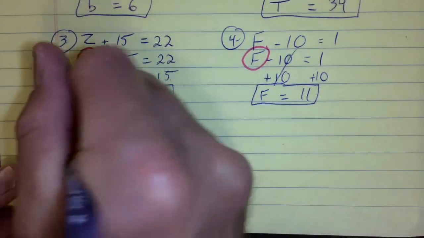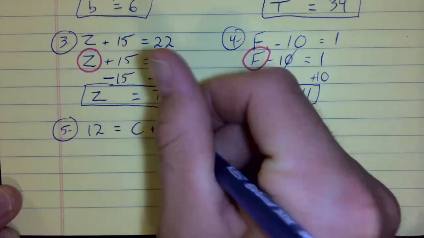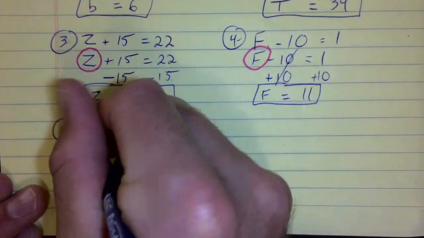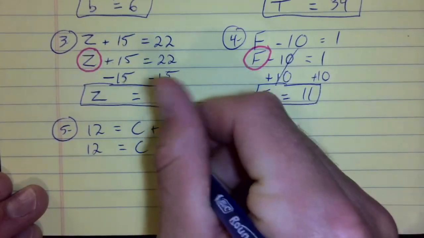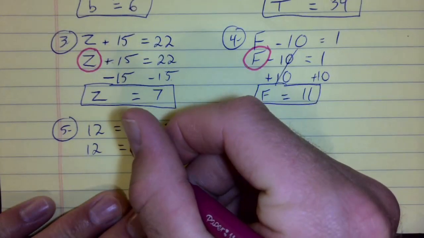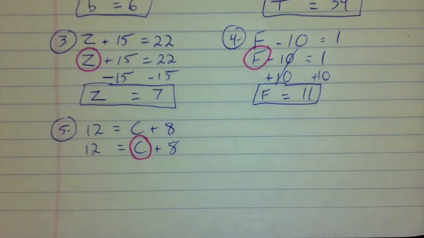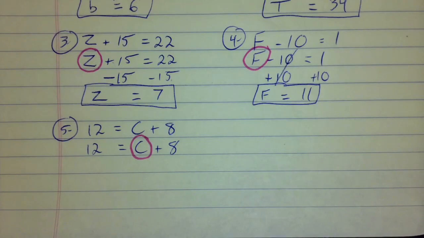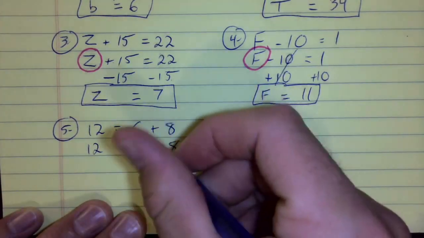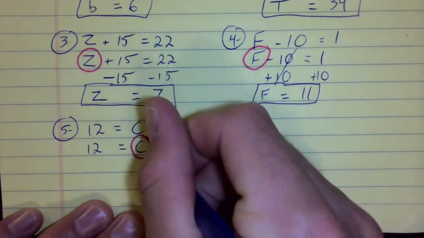Let's see another one. Number 5 is 12 equals c plus 8. All right. So at this point, you probably know what to do. Just go ahead and rewrite it. C plus 8. And then circle that variable you are trying to isolate. Isolate the C, like the Mediterranean Sea on there, only that's S-E-A, not C. And then the opposite, use the inverse of positive 8 would be to subtract 8.